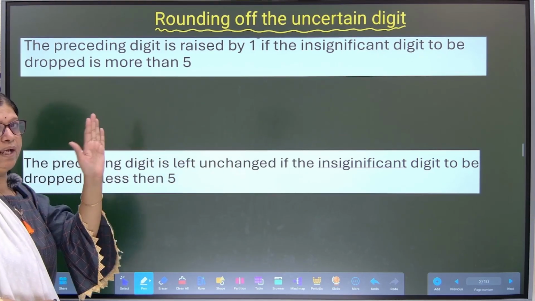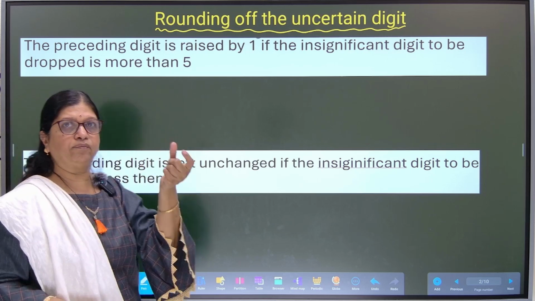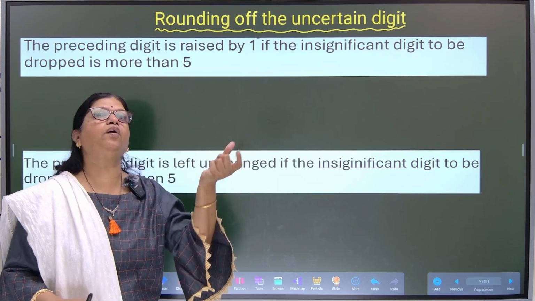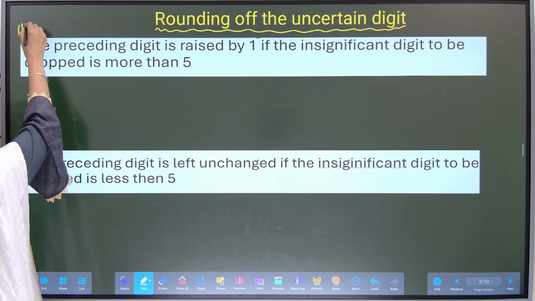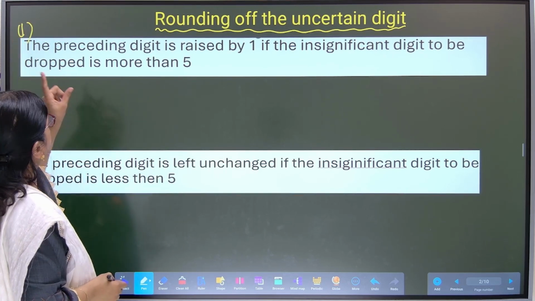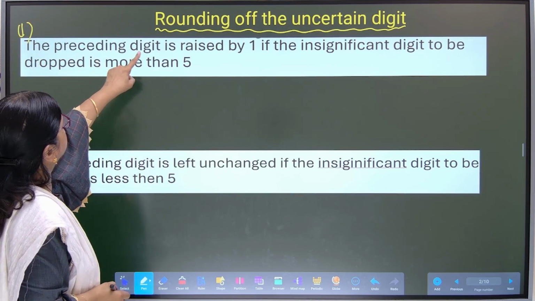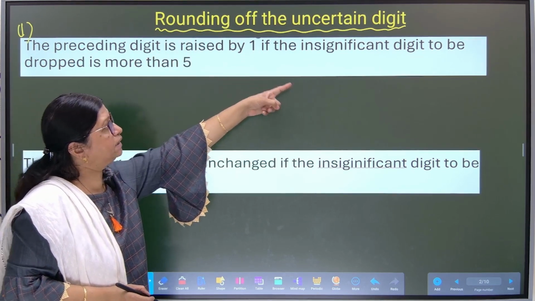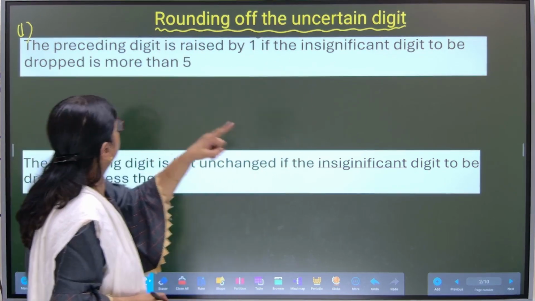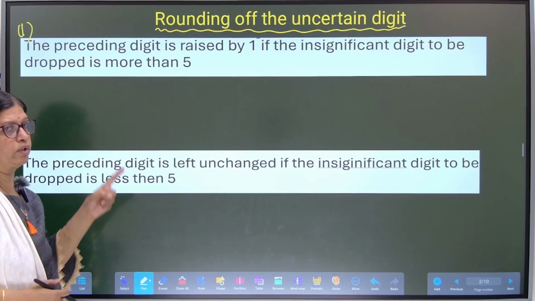Now rule number 1, I am just reading, then we will do it with an example. In rule number 1, the preceding digit is raised by 1 if the insignificant digit to be dropped is more than 5.